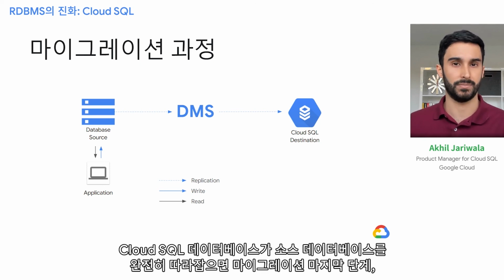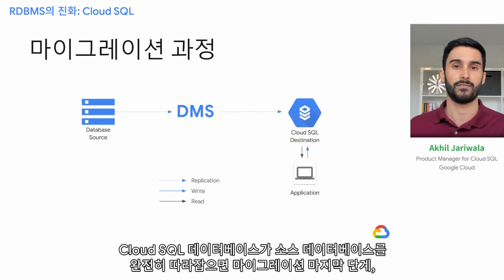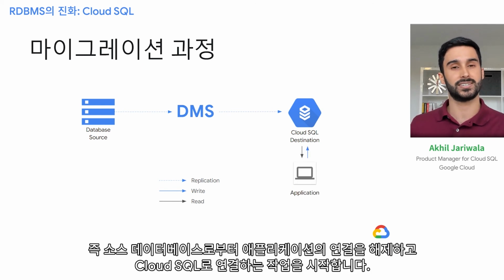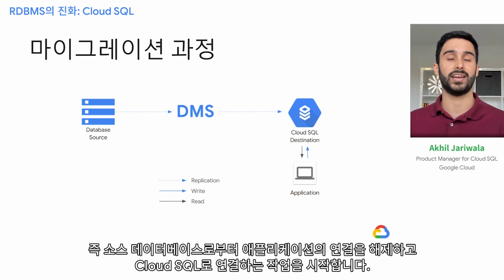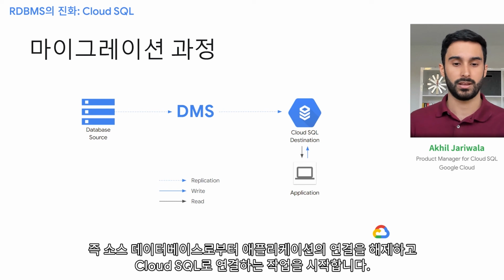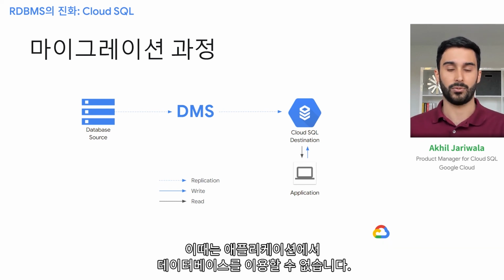Once the Cloud SQL database has fully caught up to the source database, that's when we begin the final step for migrating, which is disconnecting the application from the source database and pointing it to Cloud SQL. This is the point at which the database becomes unavailable to the application.